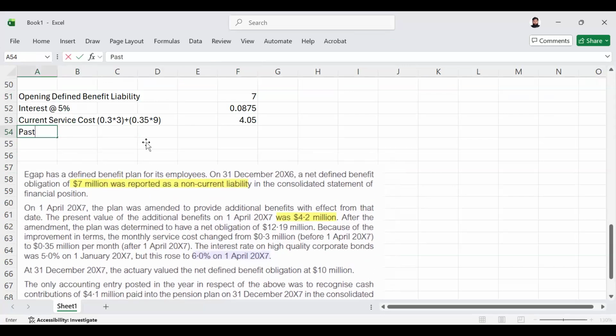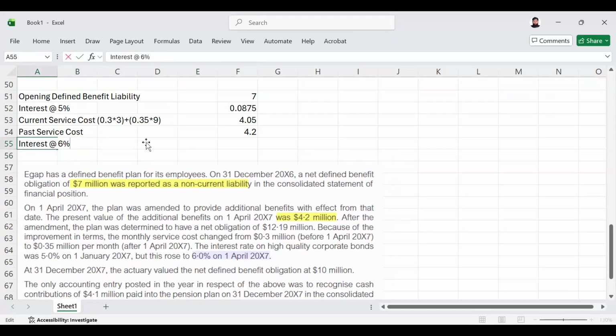Now there is this past service cost, which is 4.2 million. The interest at the rate of 6%.